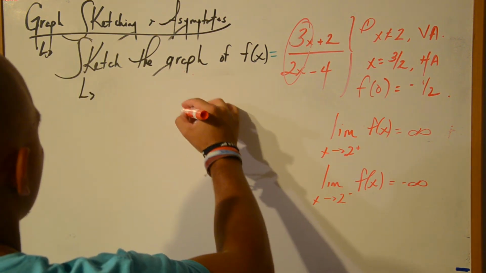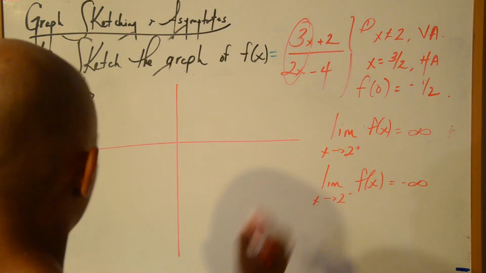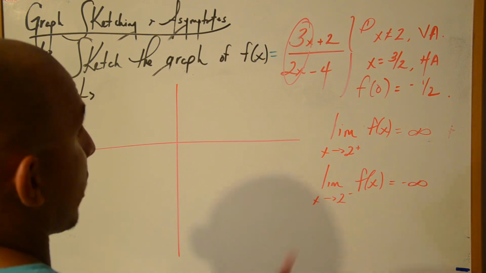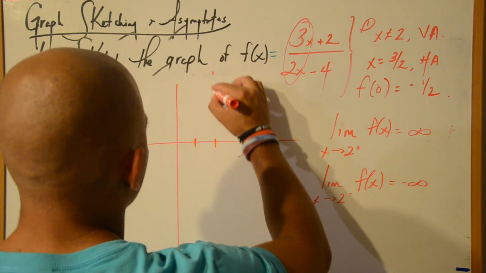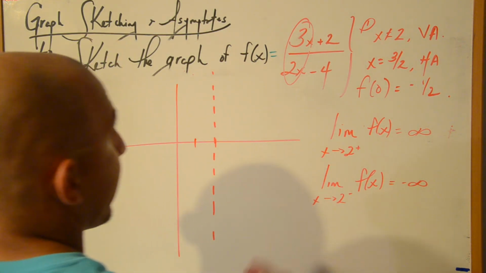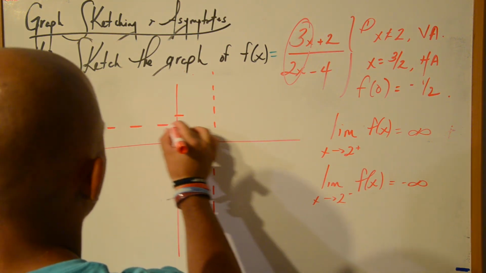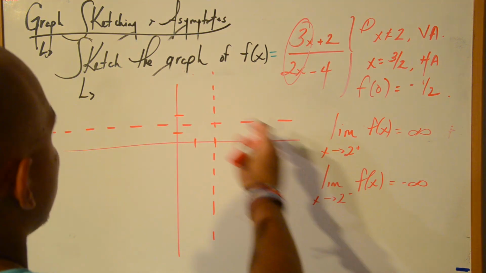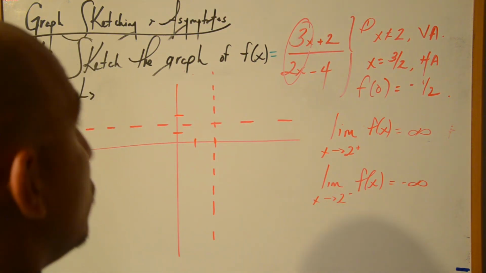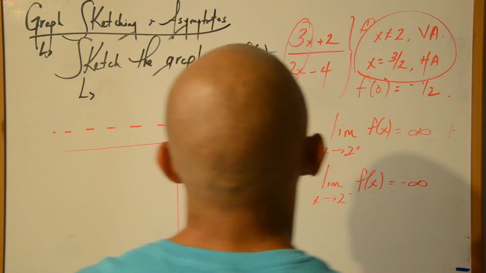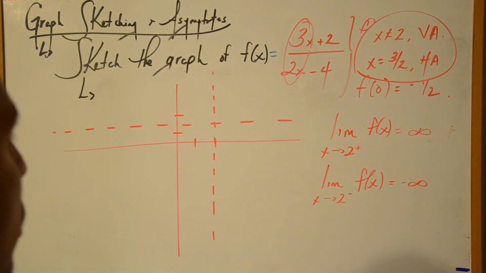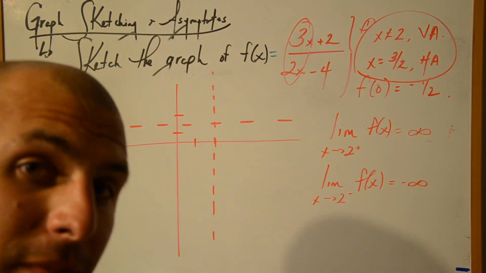So what is this graph going to look like? Well, I'm going to have a vertical asymptote at 2 and a horizontal asymptote at 1.5. Okay. Neither of these you need to sketch. You just need to make sure that you have them noted somewhere. I'm going to have decreasing behavior.